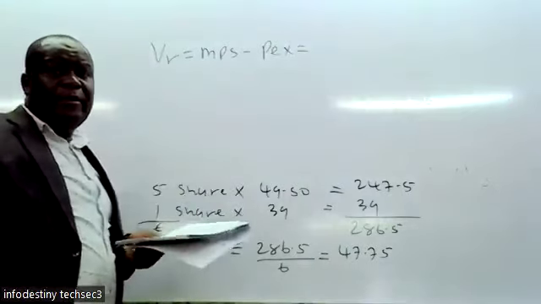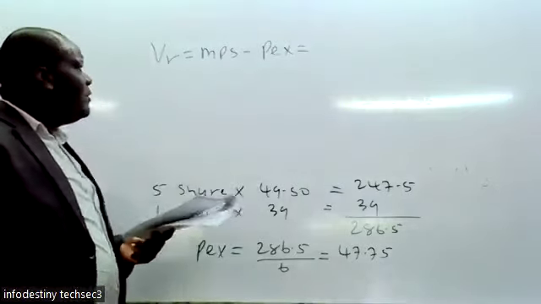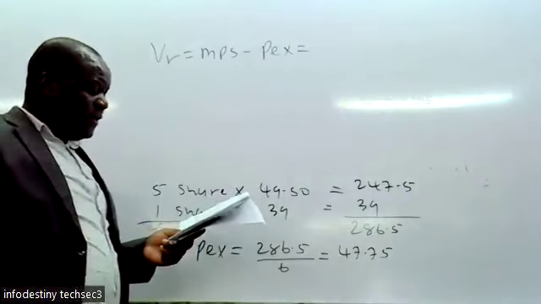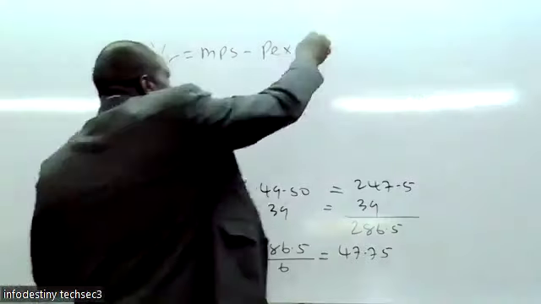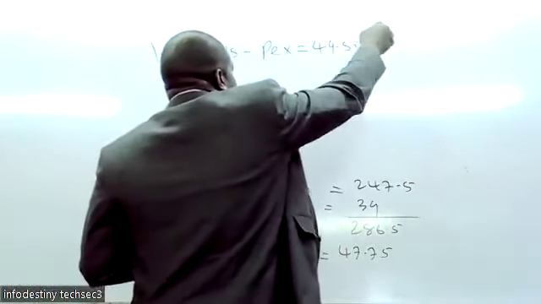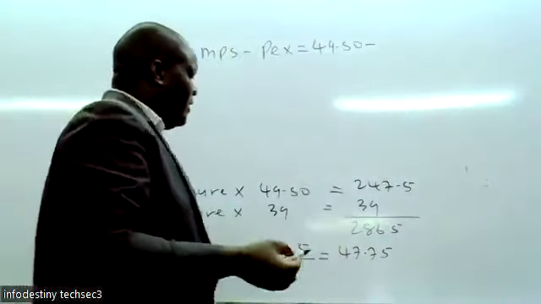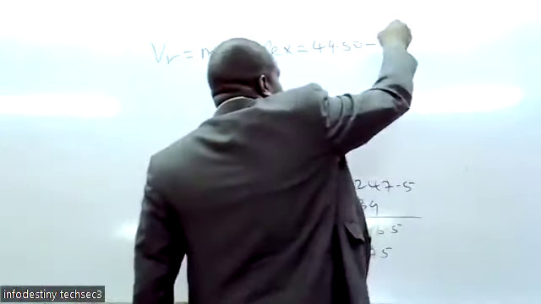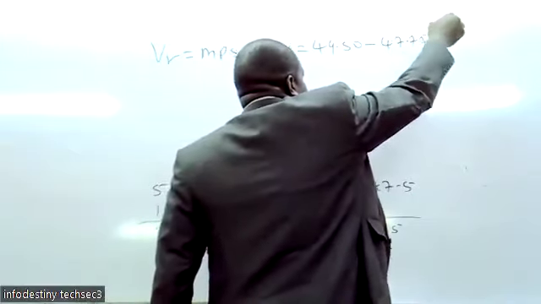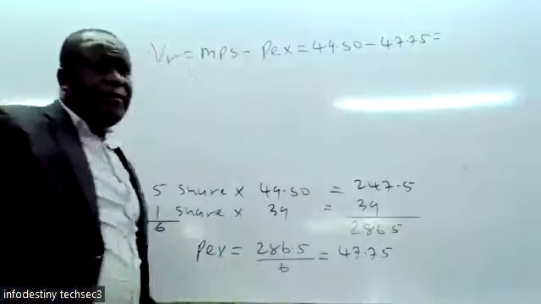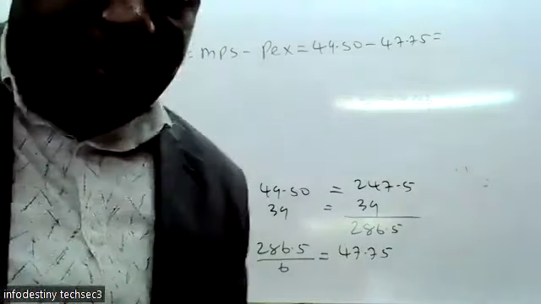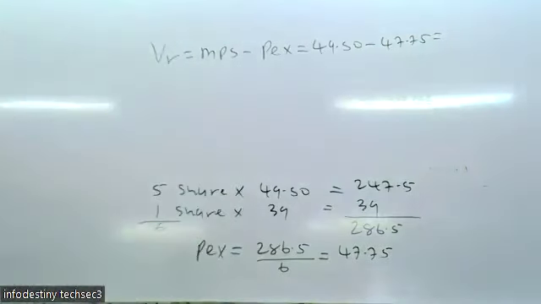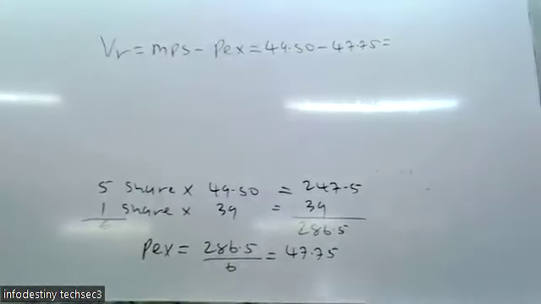There were 3 formulas, but I'm only picking one. So market price per share, you take 49.50. The theoretical X-right price is 47.75.